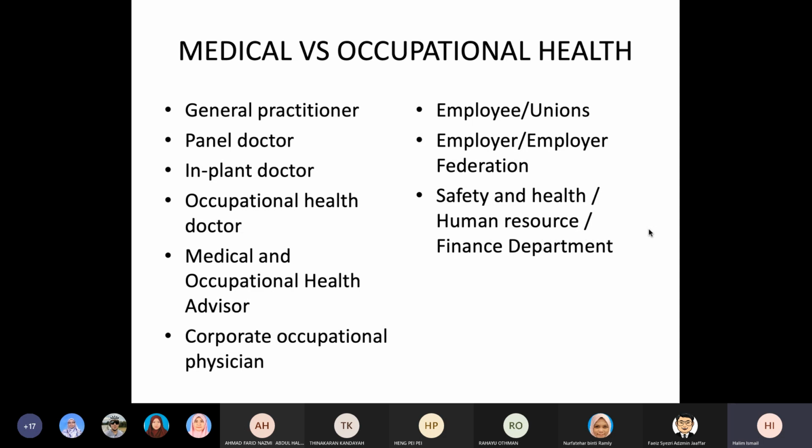Normally, private clinics provide both services, medical services and also occupational health services, because it's a matter of getting clients. If you have an OHD, you can market your clinic to industries, so they can send their employees to you.